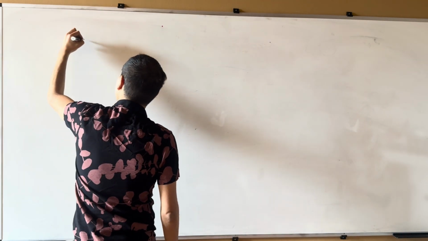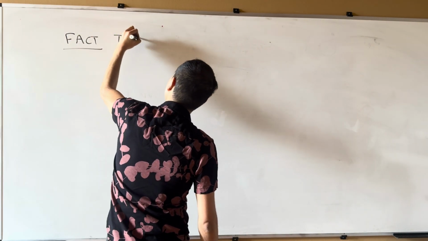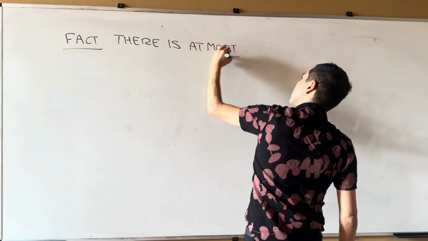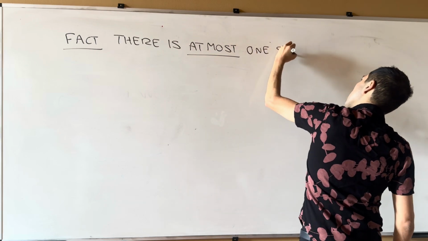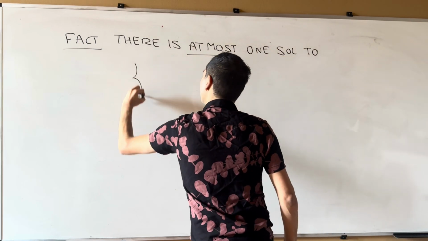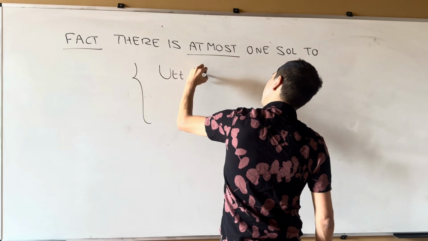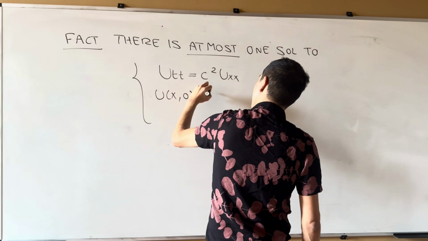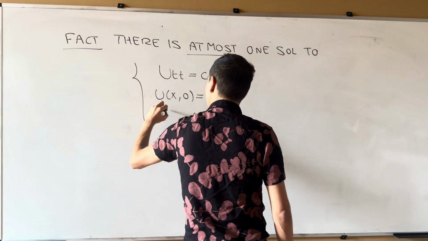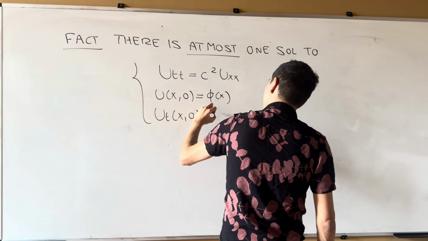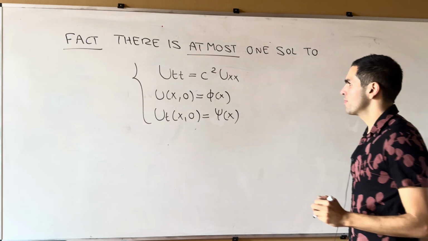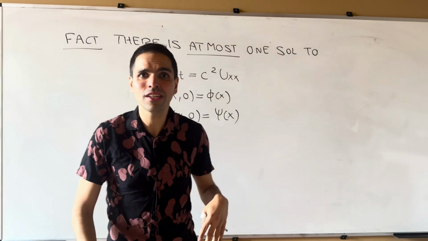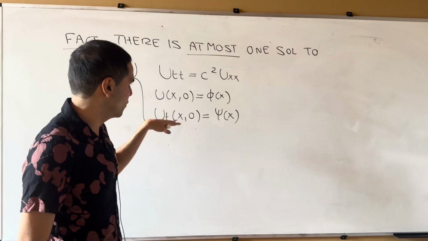So fact: there is at most one solution to u_tt is c squared u_xx with initial condition phi and initial velocity psi. Meaning that there's either 0 or 1 solution, but in this case there is exactly one solution because of D'Alembert.